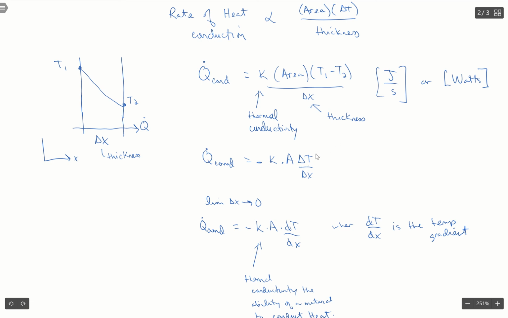We want to put it in terms of delta T over delta X, so that we can take the limit as delta X goes to 0 and turn it into a derivative form.